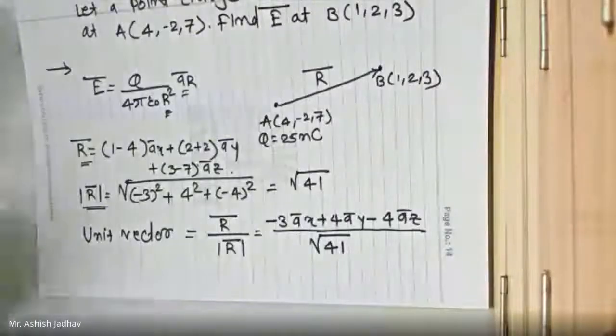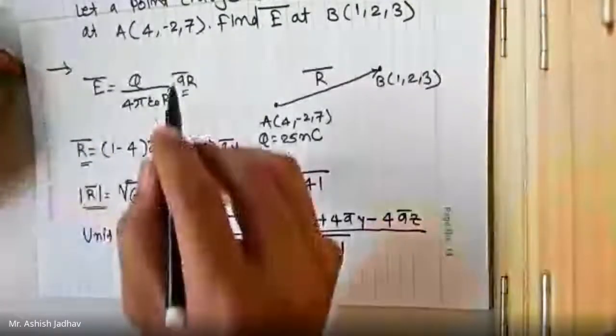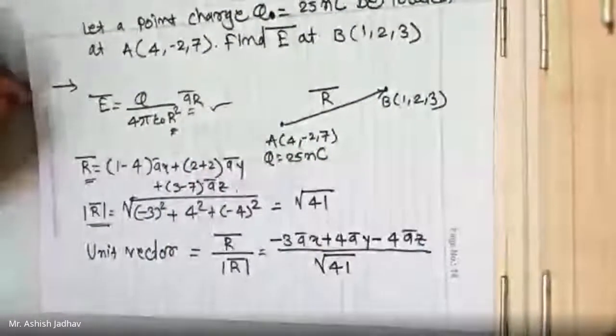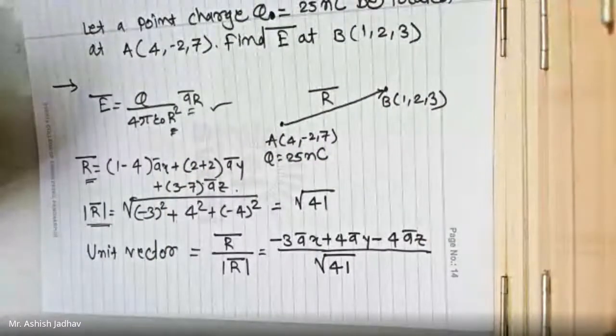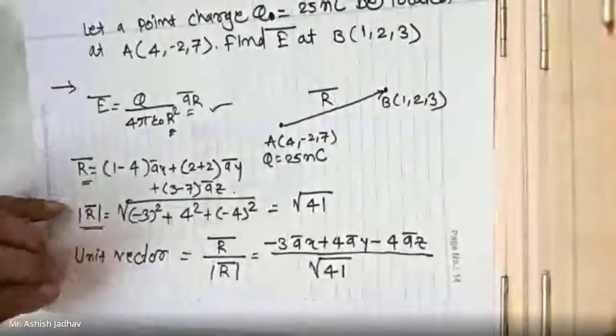Okay. Now next step is to use this formula to obtain the electric field intensity. So put all those values that we know into the formula and get the answer.